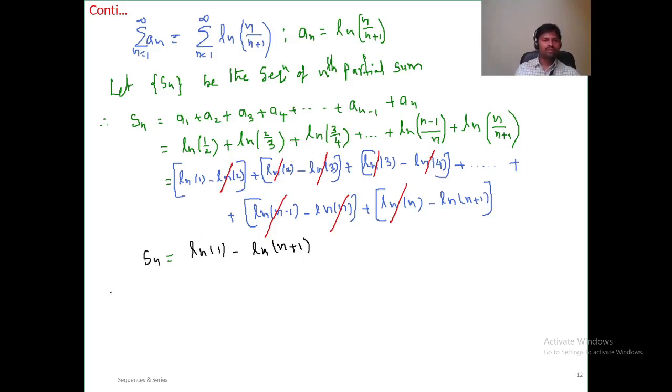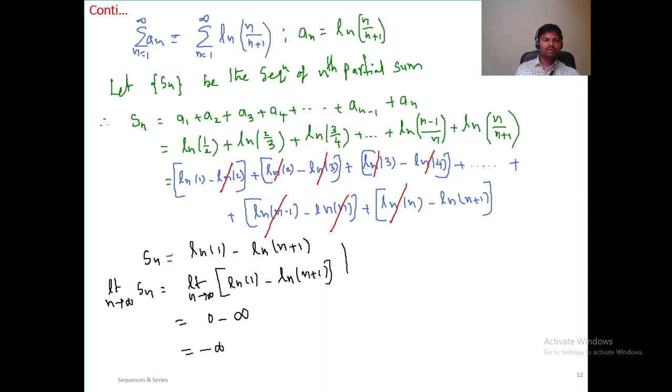Next, obviously, the limit as n tends to infinity of Sₙ. ln 1 is 0, so it is 0 minus ln of n plus 1. What will we get? 0 minus infinity, so this is minus infinity.